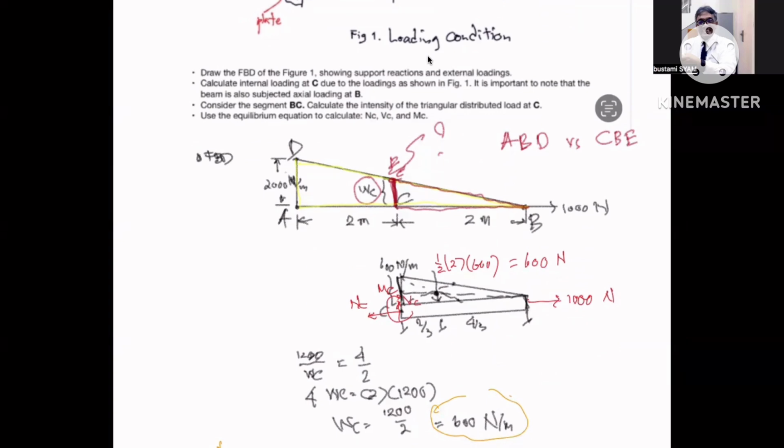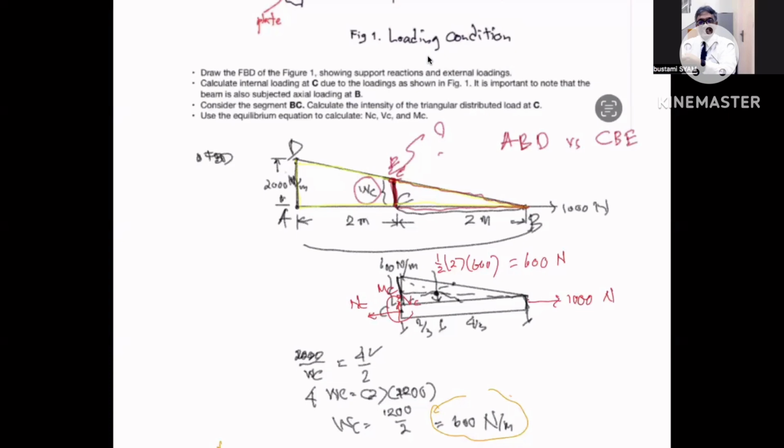So right here, 2000, wait a second, 2000, right? So 2000 divided by WC here is equal to AB is 4 and CB is 2. So, I made a mistake here.